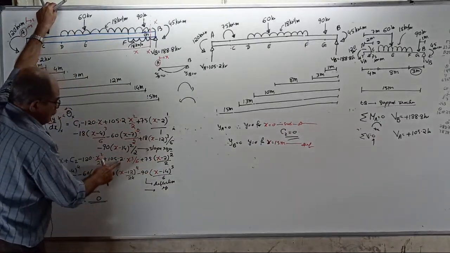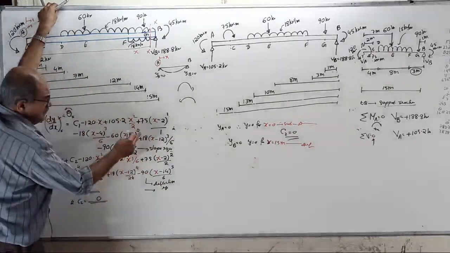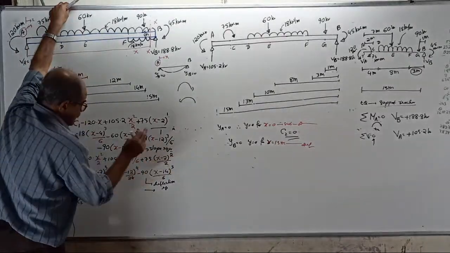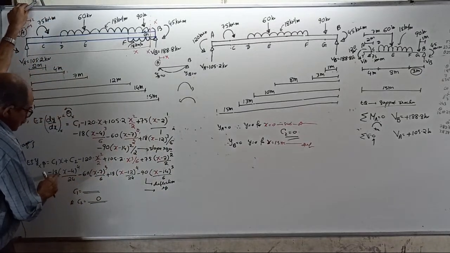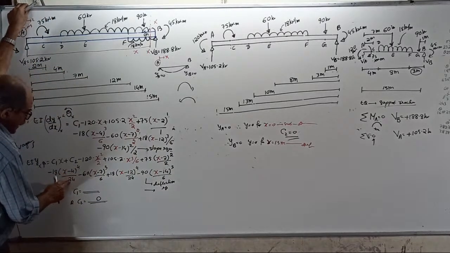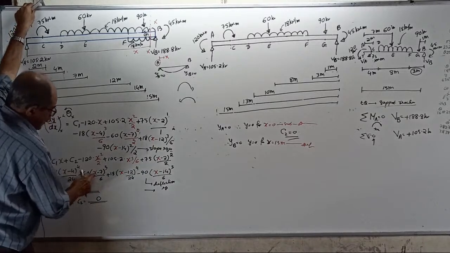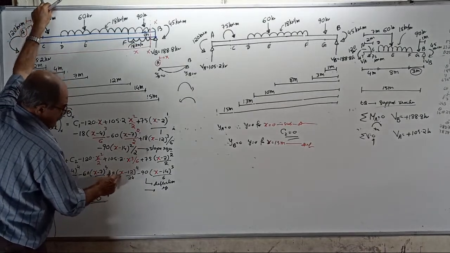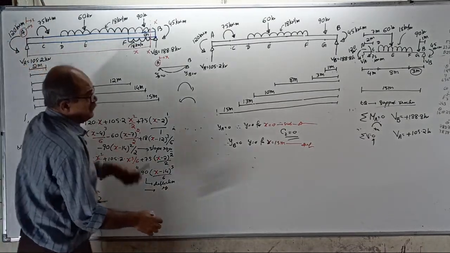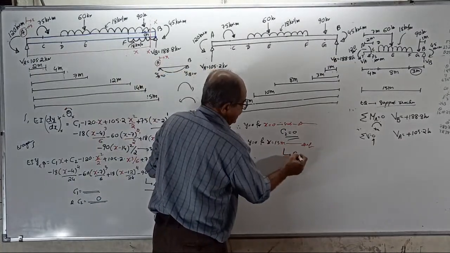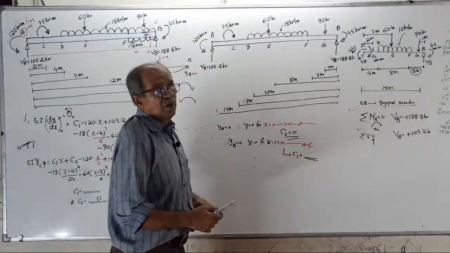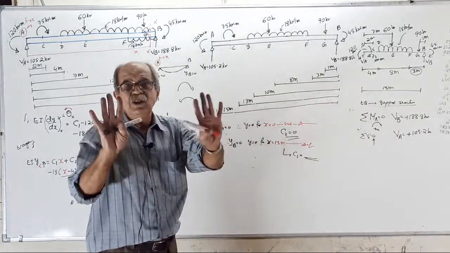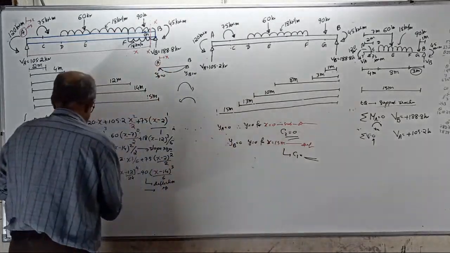Plus 105.2 into 15 cube by 6, plus 75 into 15 minus 2 is 13 square by 2, minus 18 into 15 minus 4, 11 power 4 by 24, minus 60 into 15 minus 7 is 8 cube by 6, plus 18 into 15 minus 12, 3 power 4 by 24. You will get the value of C1. Get the value of C1 and then I will tell you what to do. You should tell me the C1, C2 value now.